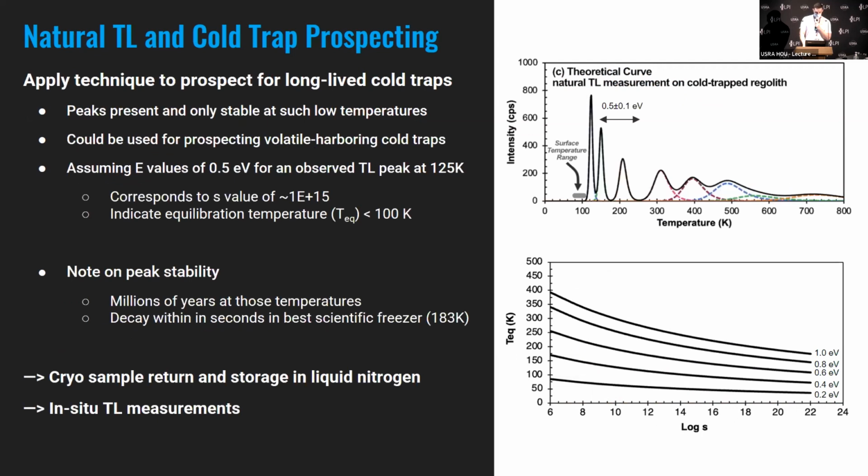The one thing I haven't said is that we expect the values to be somewhere around 0.5 eV, so much lower energy traps. And at those temperatures, they will be stable for up to millions of years. That's probably our upper estimate on what the history could be on these samples.